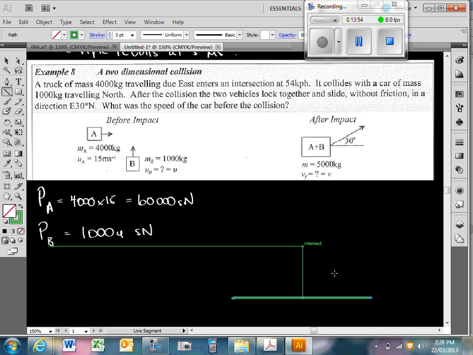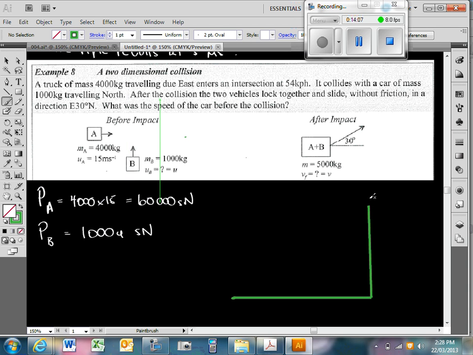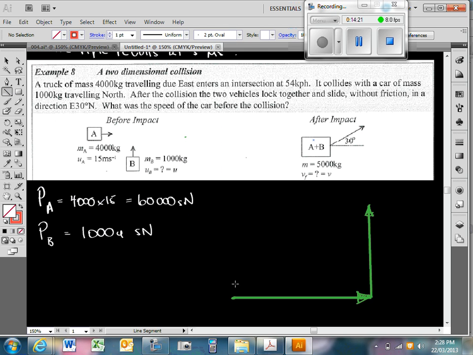And travelling north, 1,000 kilograms travelling north. We don't know what the length of this vector is going to be. I'm just going to draw it as a similar length. And then I'll draw my arrows to show the direction of those vectors, and I'll label them in a second. I'm just going to draw the resultant so that that's clear now. There's the resultant.